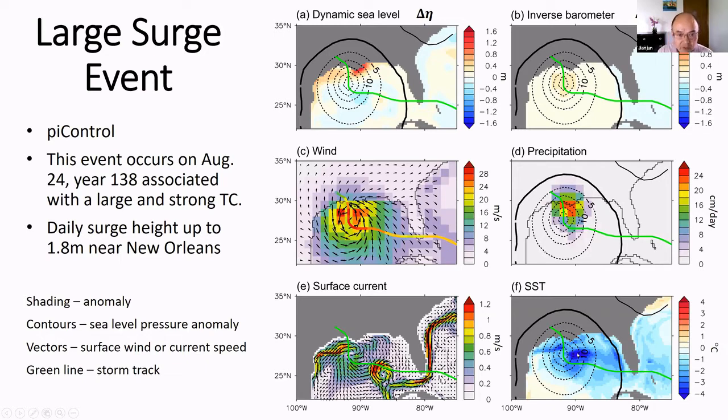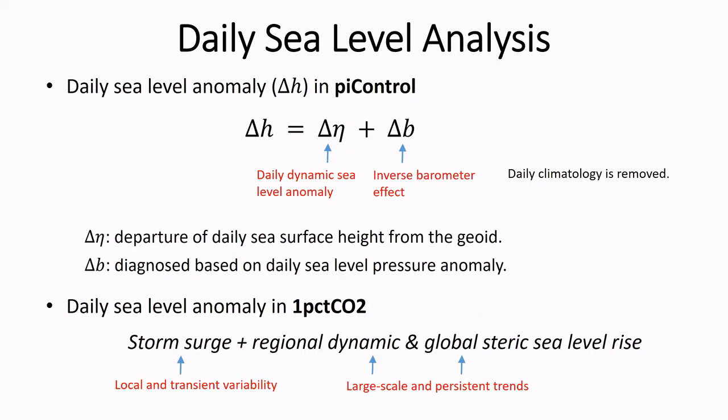So you see the daily sea level anomaly in the CM4 simulation. This is the control. In the CO2 experiment, the daily sea level anomaly is the sum of the storm surge, the regional dynamic sea level rise induced by the AMOC, and the global steric sea level rise.